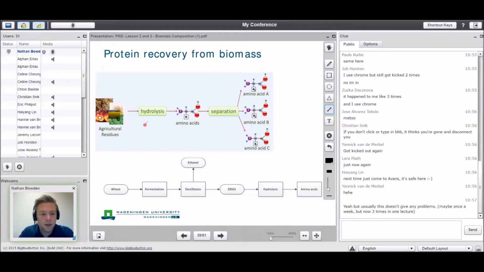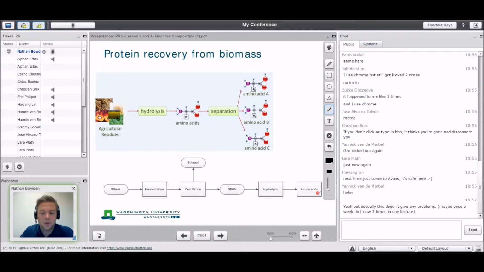Okay, so protein recovery: you have this hydrolysis into amino acids and then separate them. And we separate them by their properties. I mentioned you have acidic ones, basic ones, hydrophilic and hydrophobic. You can separate them by, for example, precipitation using ethanol.